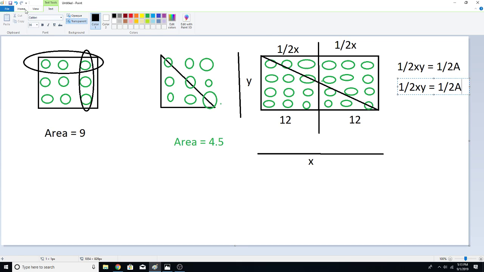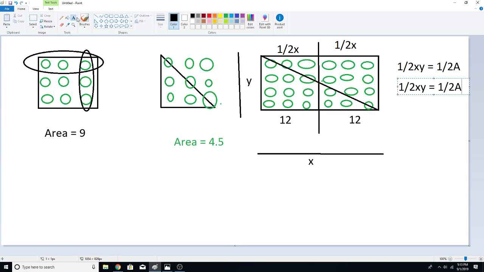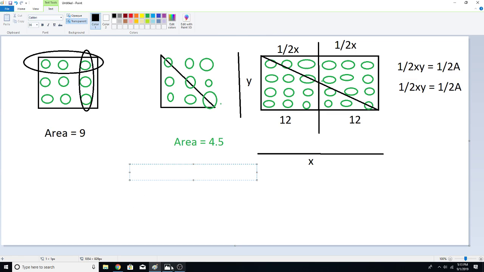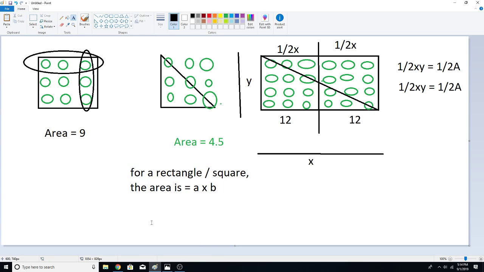So if we sum it all up, we can say for certain that for a rectangle or square, the area is A times B, where A is one length and B is the length perpendicular to it.